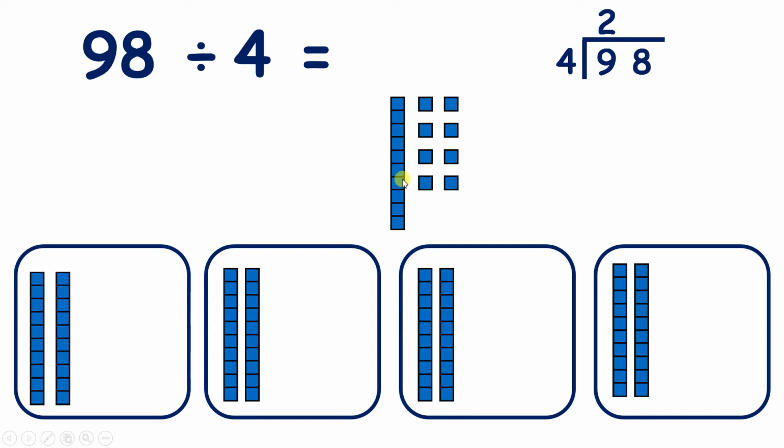And then what can we do with our 1 remaining ten? We can exchange our remaining ten for 10 units. So we can write a 1 in front of our 8 because we now have 18 units to share out. So let's share out our units.